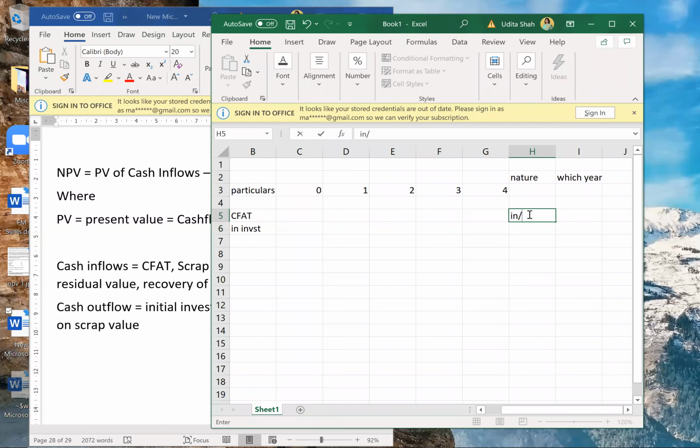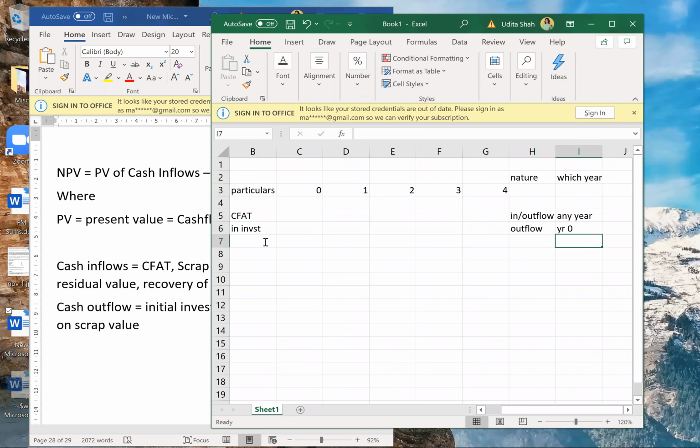It can be inflow, it can be outflow, because that day we saw a sum where CFAT in year 1 was an outflow due to loss. Which year? It can be any year. Next comes initial investment. Initial investment is always an outflow. Which year? Not in year 1, year 0, in the base year.